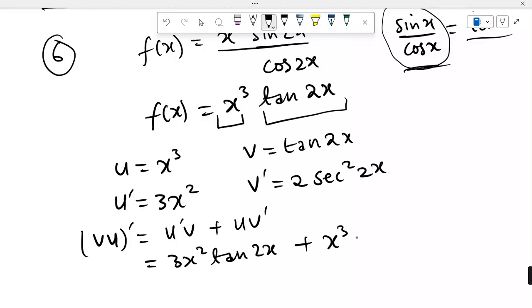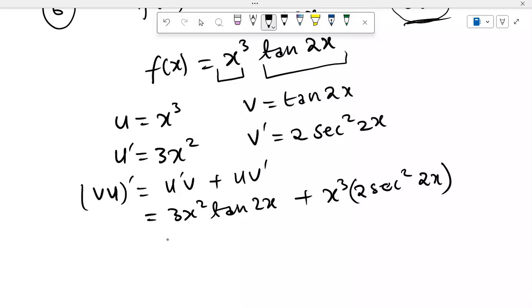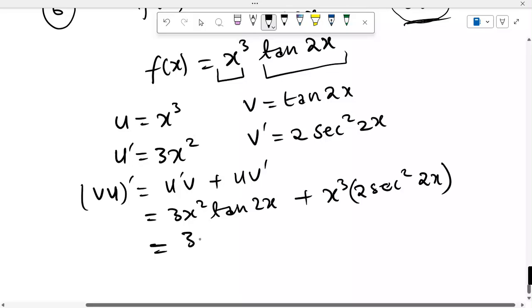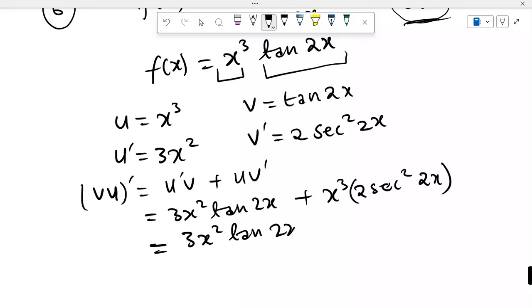What is your v prime? 2 sec squared 2x. Okay, so let me write this now: 3x squared tan 2x plus 2x cubed sec squared 2x.